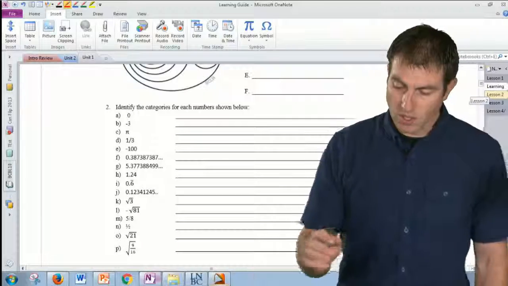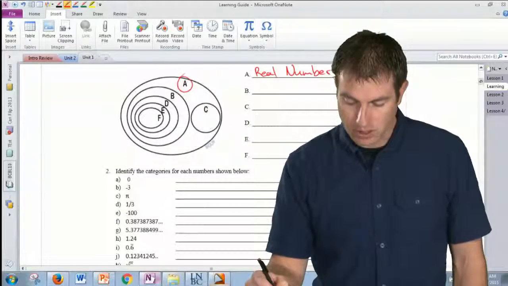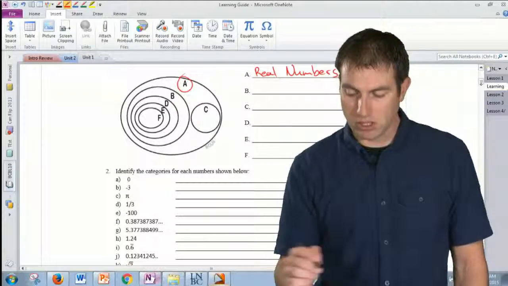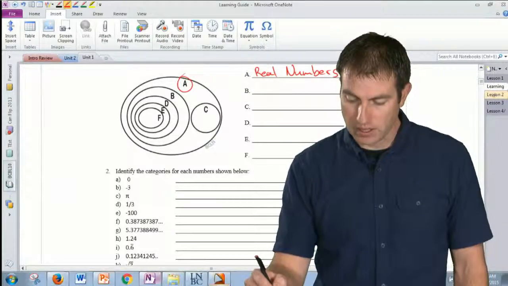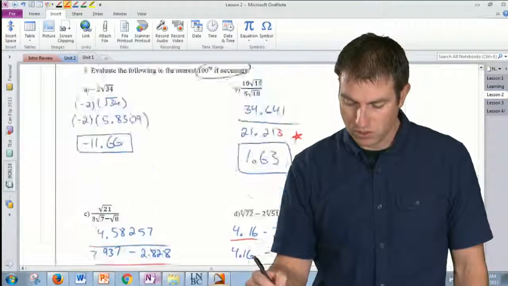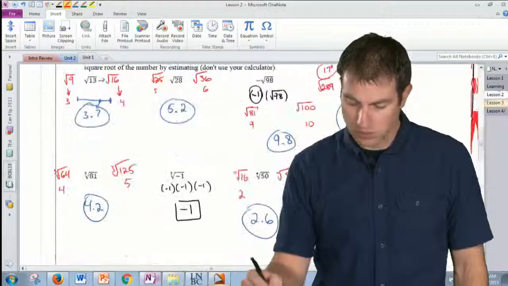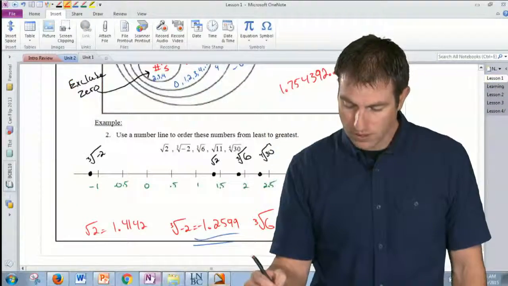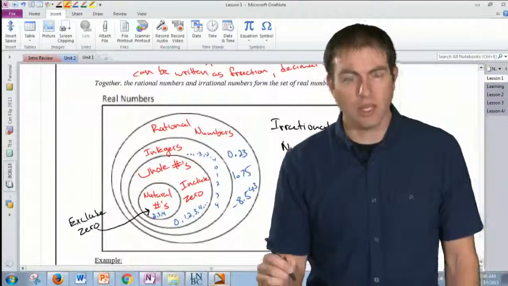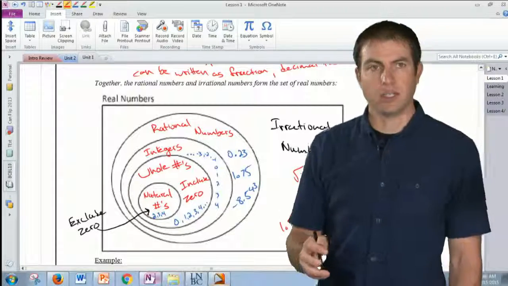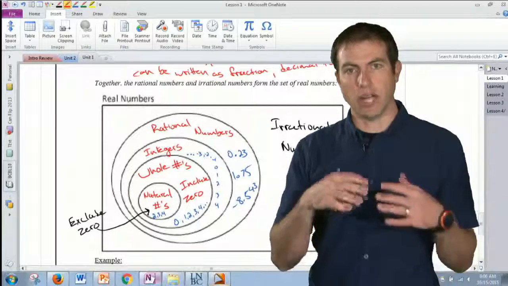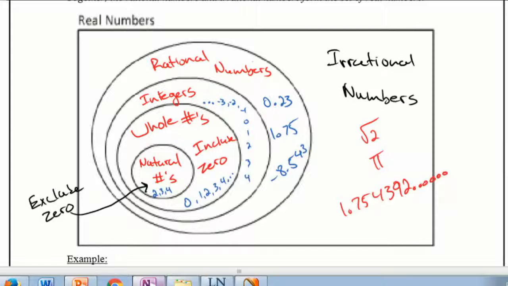All right, so going back to the image here, it's the same one that we had in lesson number 1. Same sort of circles. So these are different types of numbers. We have our natural numbers in the middle, and then we have whole numbers, integers, rational, and irrationals, anything that doesn't fit into one of those categories.